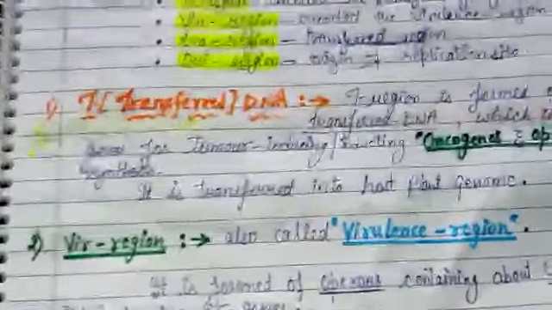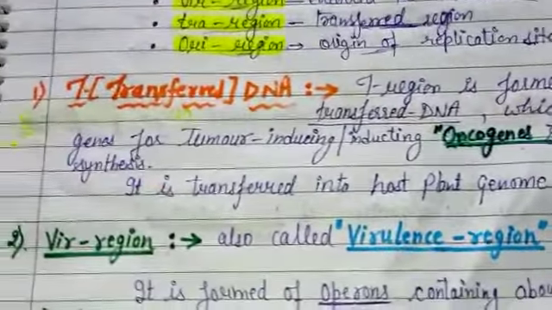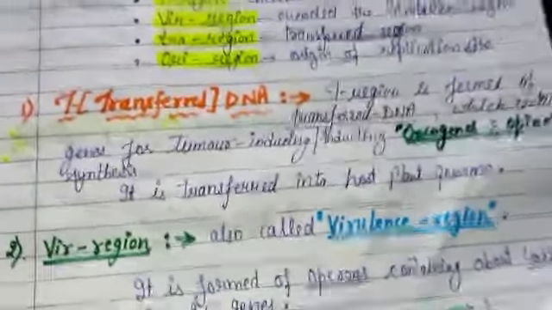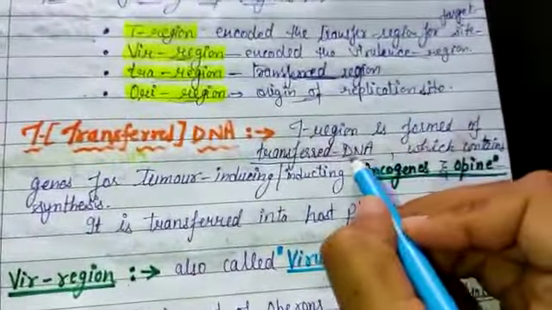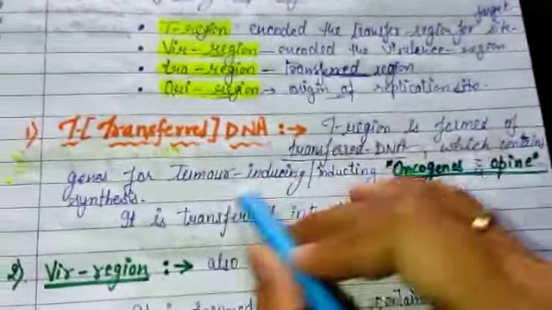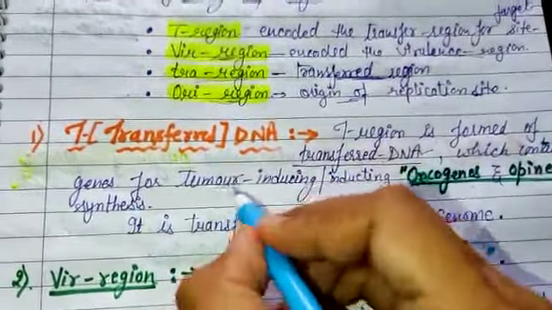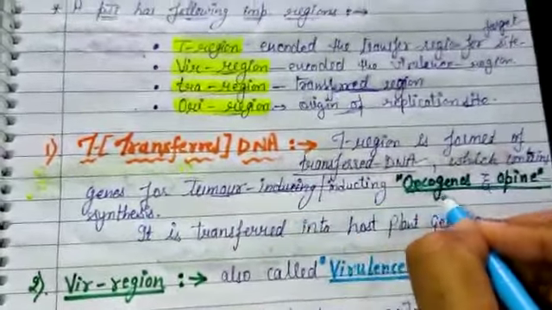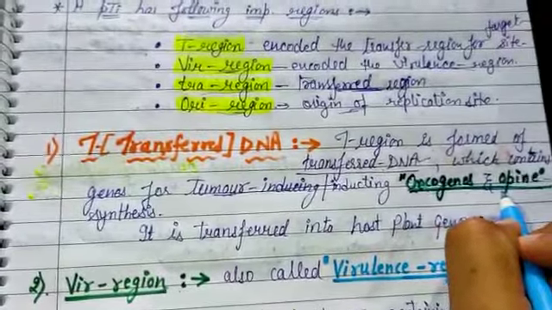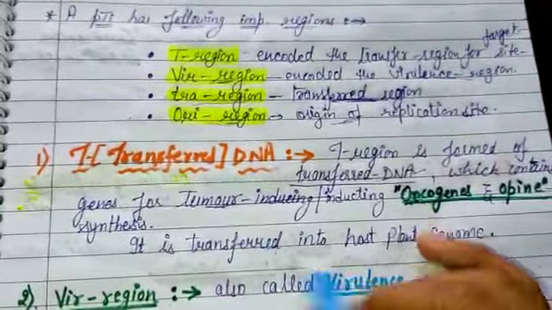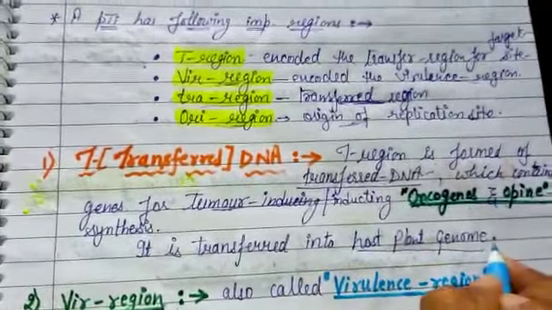So the first one is the T-DNA region. The T region is formed of the transferred DNA, which contains the genes for tumor inducing oncogenes and opine synthesis. So it is transferred into the host plant genome.